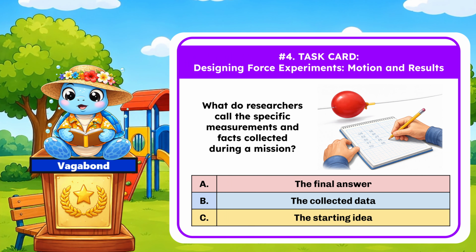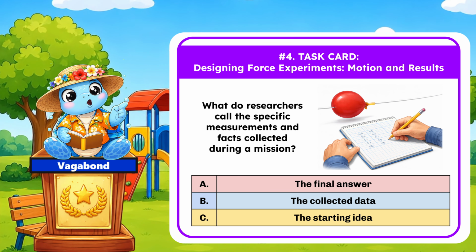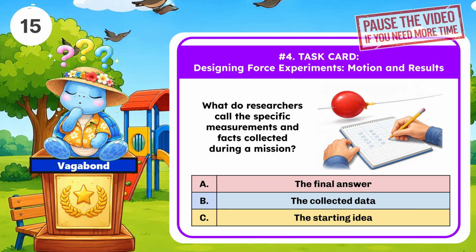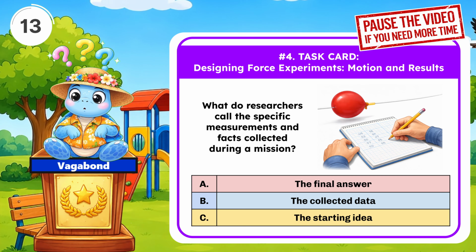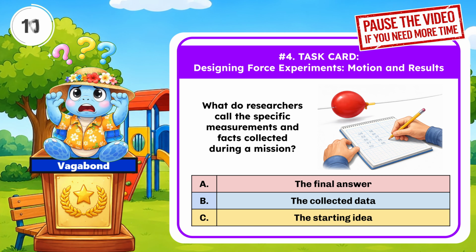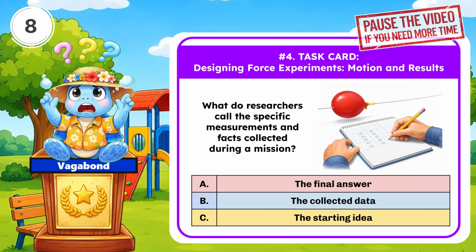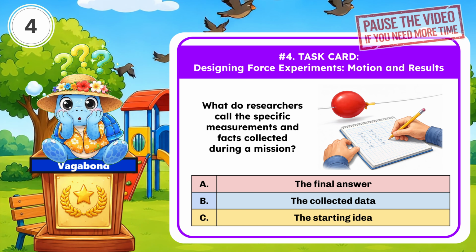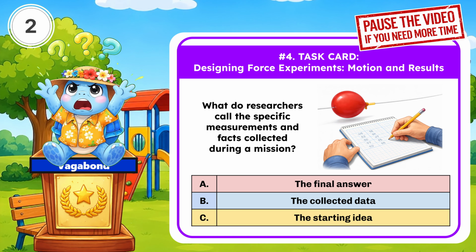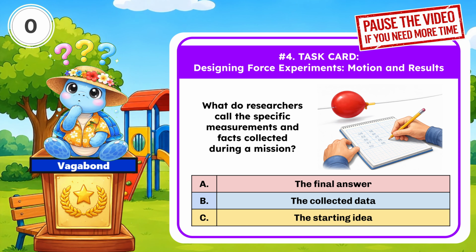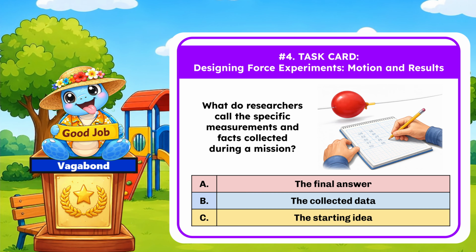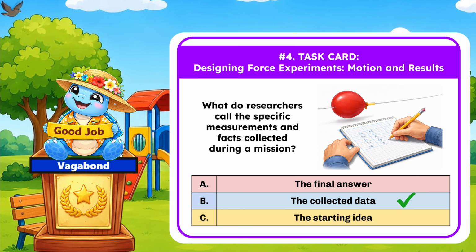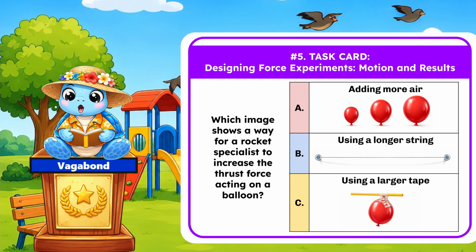What do researchers call the specific measurements and facts collected during a mission? And the correct answer is letter B, the collected data.